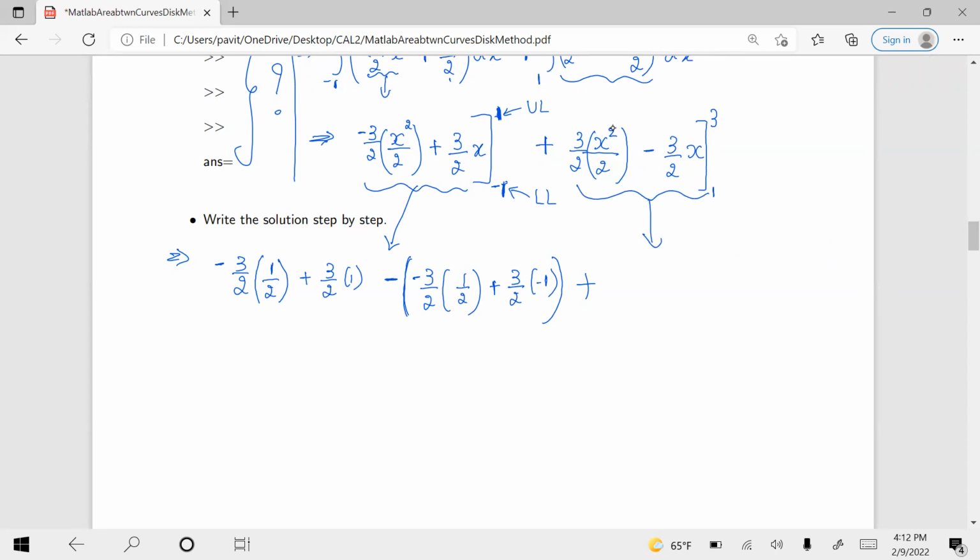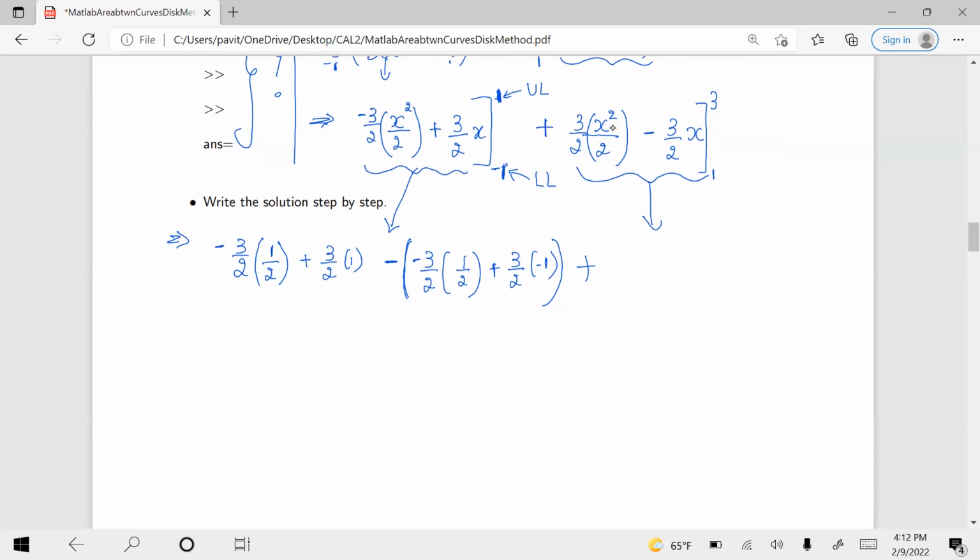Okay, now we are going to do the same procedure for the second part. Upper limit first. So 3/2 into upper limit is 3, which is 9 by 2, minus, 3 3s are 9. Let me write like this first. This is upper limit minus open parenthesis lower limit. 3/2 into 1 over 2 minus 3/2.